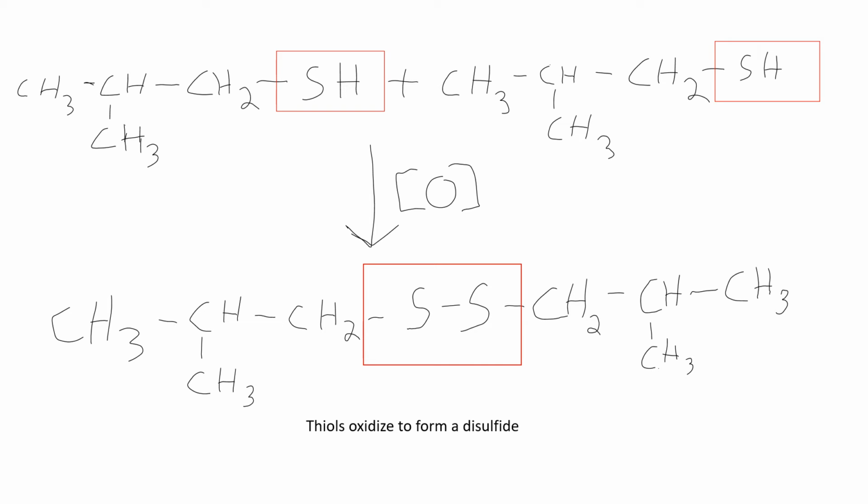We're making a new bond between these two thiols. Where's that new bond? I'll highlight it in yellow. We can see that new bond getting formed. We're going to make a bond between these two sulfurs. Those are going to be the points of attachment when we're combining these two molecules together.